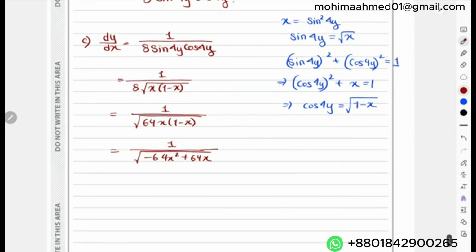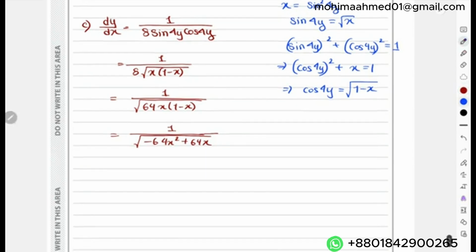Now again, in the denominator, they have not kept the answer like this. They have actually done completing the square in this part. So for the completing the square rough work, I'll do it on the side. So you have minus 64x square plus 64x plus 0, where a is minus 64, b is 64, c is 0.